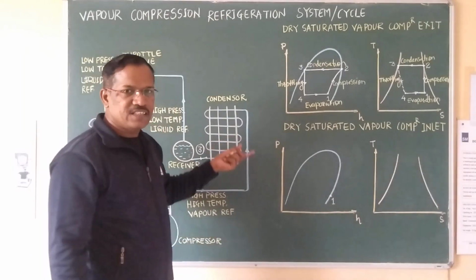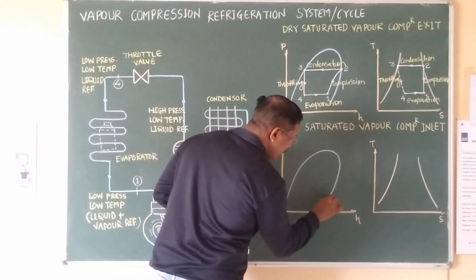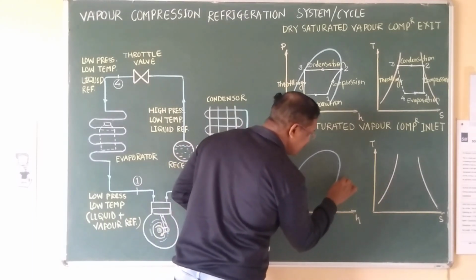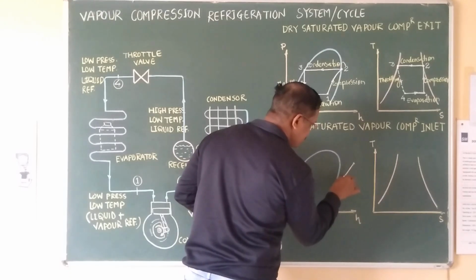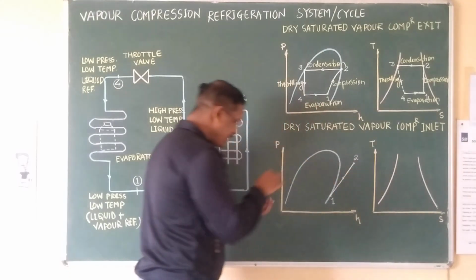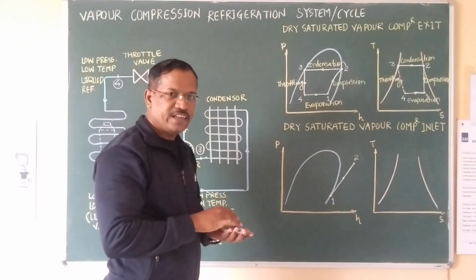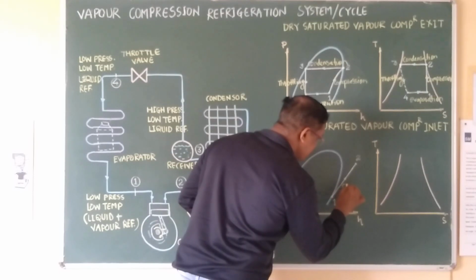As we compress it, it becomes superheated, enthalpy rises, pressure rises, so it will be represented like this. So this is our compression process. Because at the inlet it is already dry saturated, it becomes superheated. This is the compression.